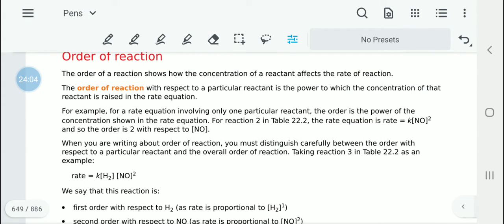As you can see, write down, continue to write after writing the equation. Because the rate equation is k[NO] squared, the order is 2 with respect to NO.